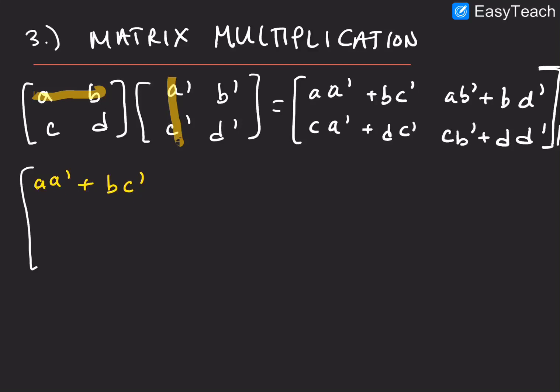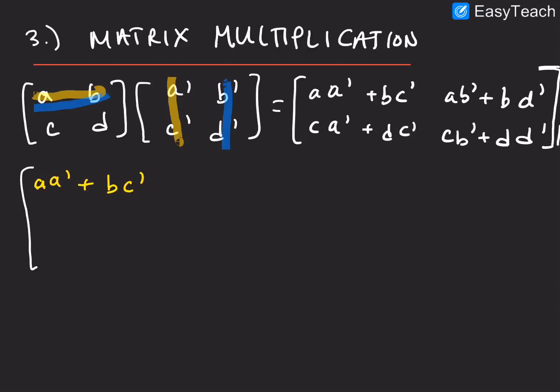So now we're going to do that same row, A and B, and we're going to multiply it to B prime, D prime. Okay.